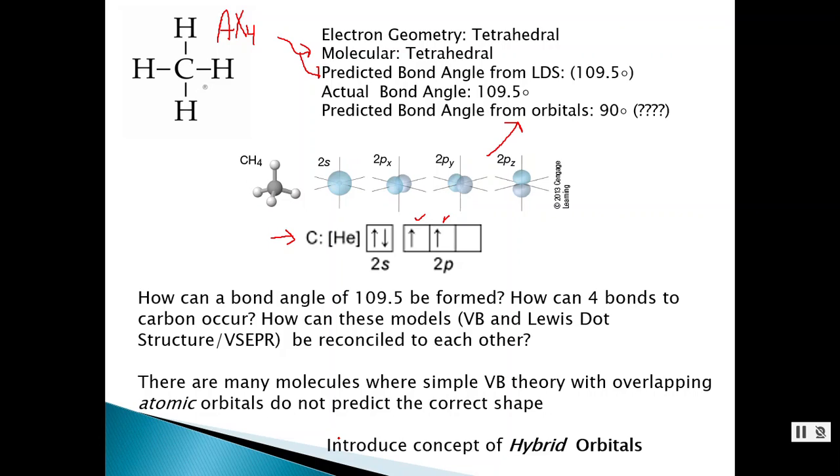We're going to think about those atomic orbitals, and when they overlap, they produce something called a hybrid orbital. When you think of a hybrid, you think of a mix. We call them hybrid orbitals because of what's going to happen with them before they overlap with other orbitals.